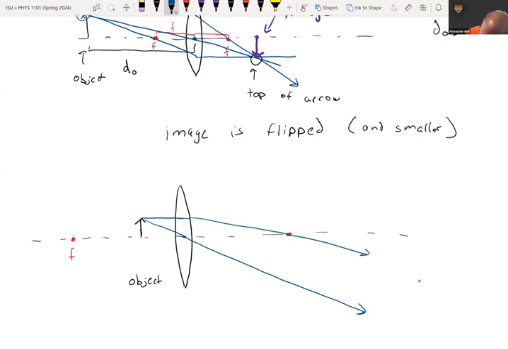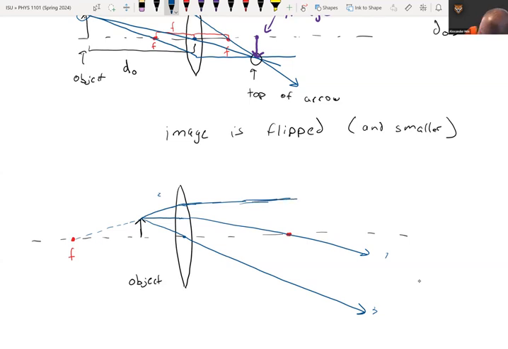So if we want a ray going through the focus, what we'd have to imagine is we'd have to backtrace a ray. So I'm going to do that in a dotted line from the focus to the top. And then that goes to the lens. So that's the ray we want. So that would actually be our second ray there. So this would be ray 1, ray 3, and this is ray 2 right here. And now this thing then goes parallel.